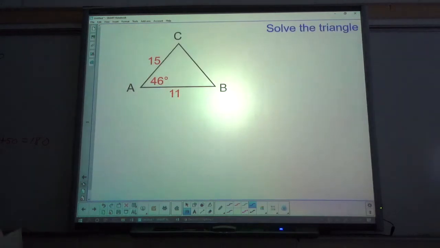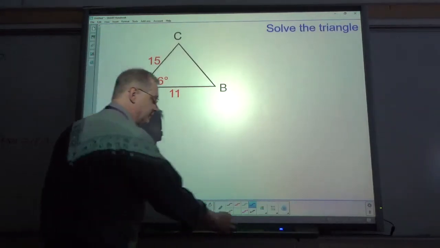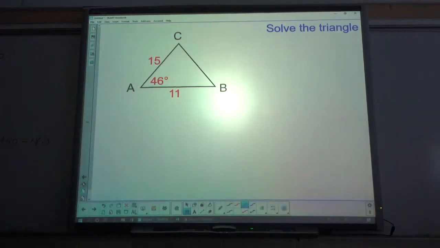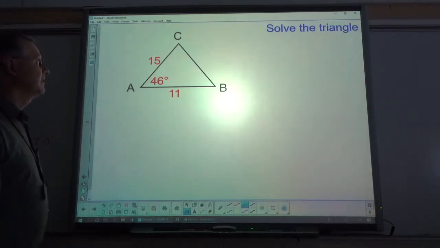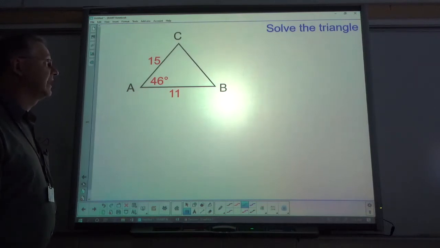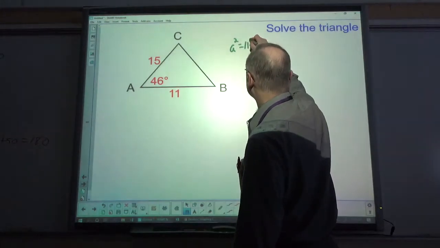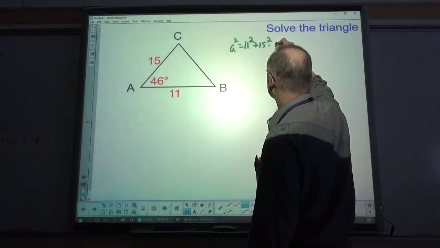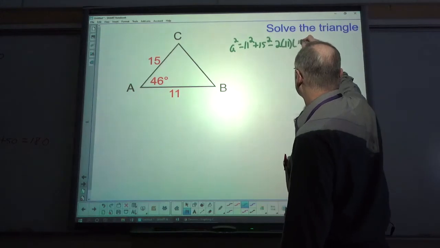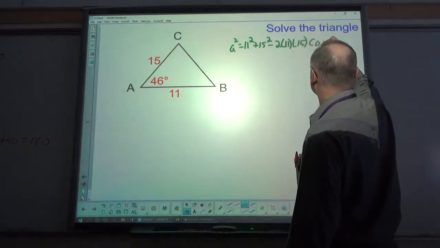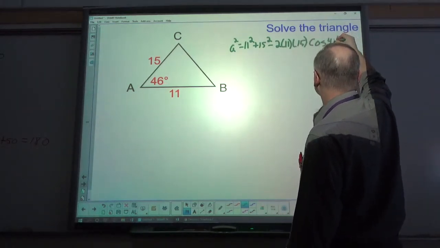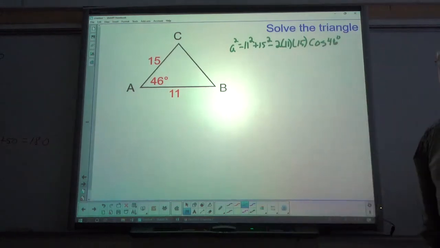All right, last problem. Let's look at this example. Again, the two sides and their included angle. I could not possibly use law of sines here for this part. Let's do law of cosines and find side A. All right, there's my setup.